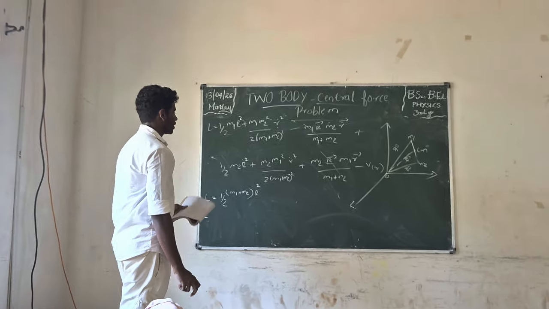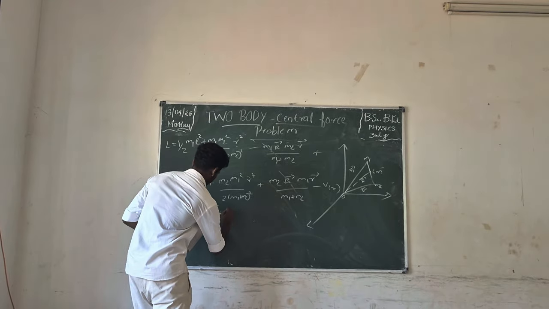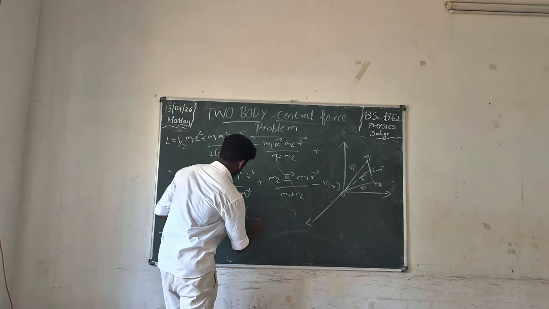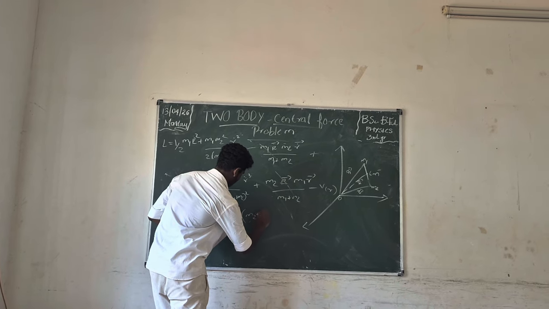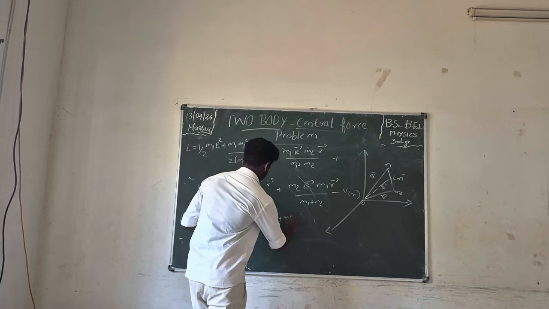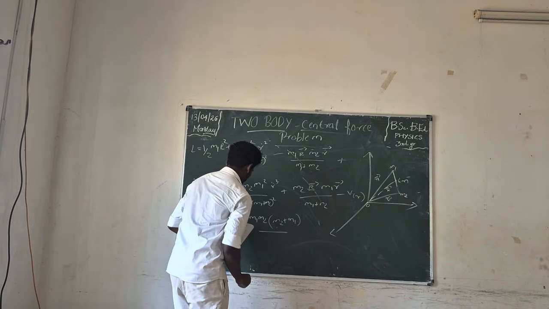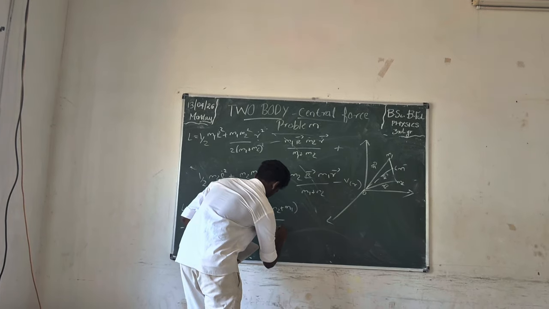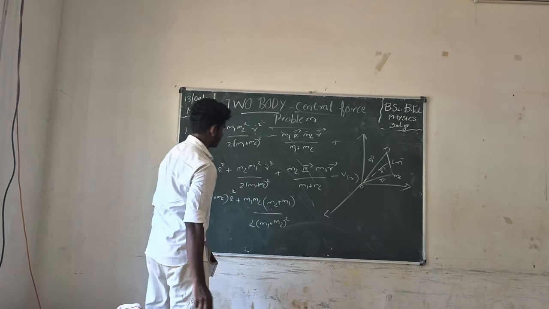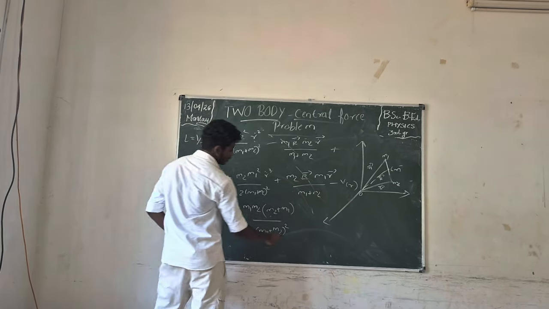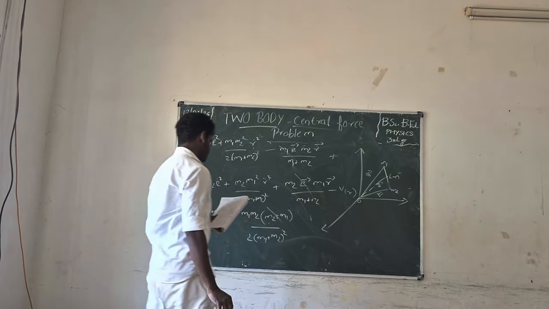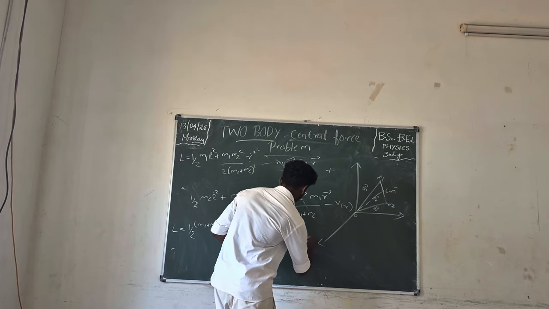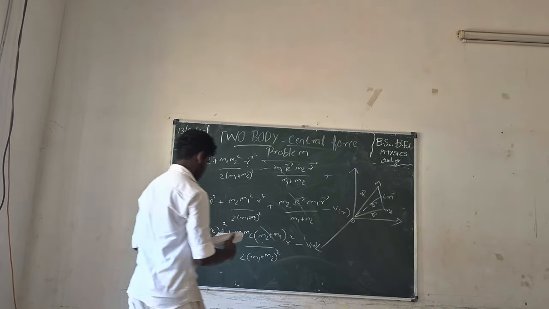So if we take that common, we can write plus m1 m2 into m2 plus m1 divided by 2 into m1 plus m2 whole square. Here is m1 plus m2 and here is also m1 plus m2, so we can cancel one of these terms, and here also there is r dot square, minus V of r.